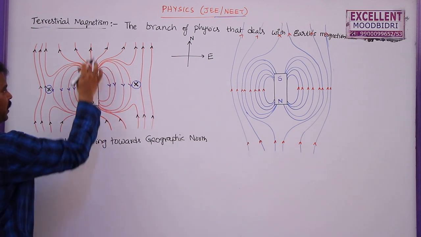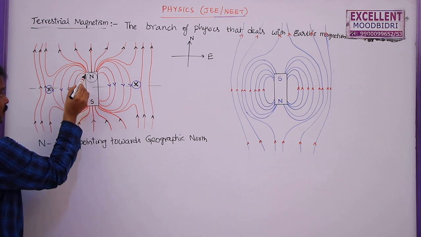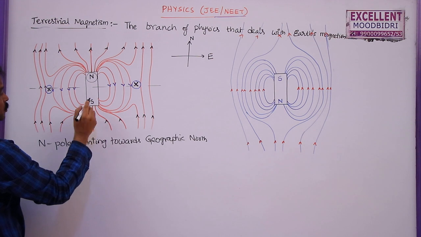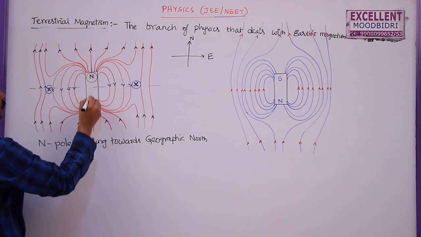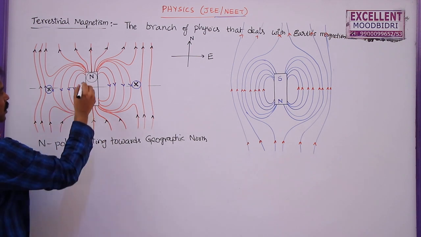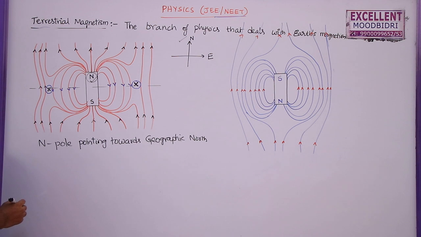You can see this is the axial line and this is the equatorial line. Here the lines are starting from the north pole and they are entering into the south pole. Within the magnet they are traveling from south to north. But this is the pattern of the magnetic field lines when the north pole of a bar magnet is placed in the geographic north direction.